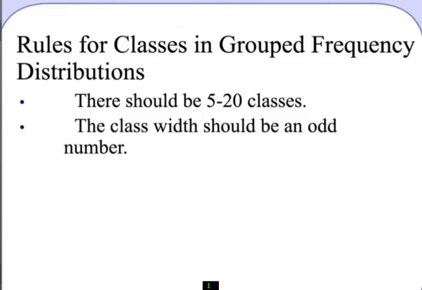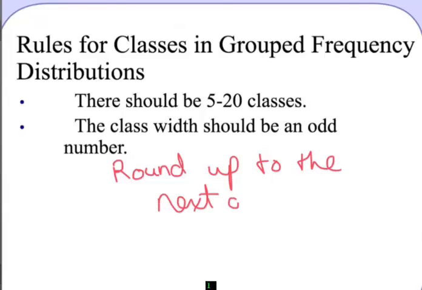The class width should be an odd number. So when we're finding the class width, we're going to round up, and this is going to be key. We always want to round up to the next odd number.